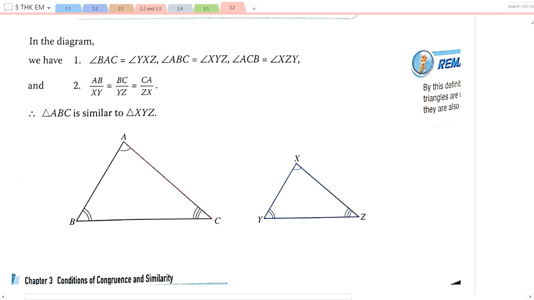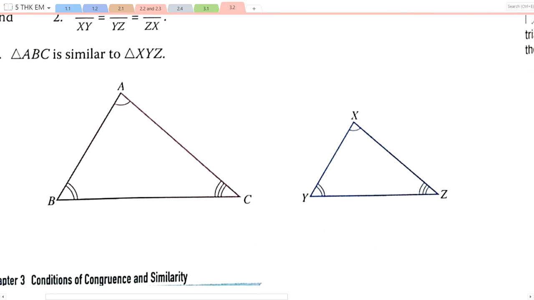Okay, we have two triangles. The angles are shown. Okay, we've got angles that are the same, represented by single lines, double lines, and triple lines. So we can tell which are corresponding angles. Can we also tell which are corresponding lengths? For example, AB, which is the corresponding length to AB? XY, okay.